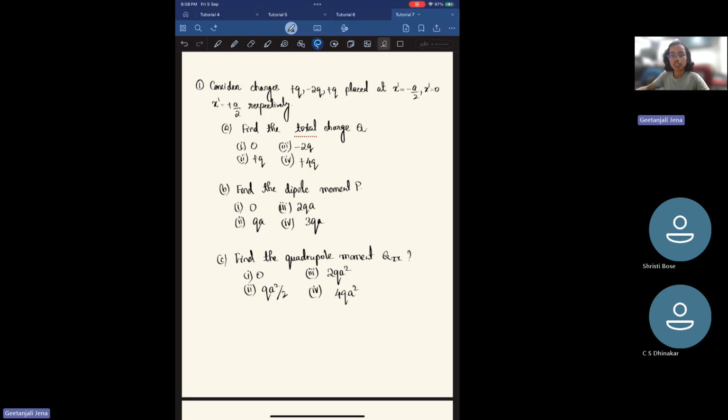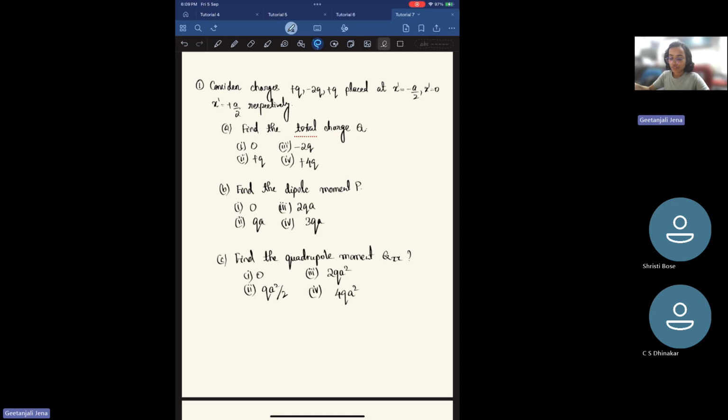And in the third part, you need to calculate the quadrupole moment Qxx. The charge distribution is given, and as I suggested, please try to solve the question side by side, and I will give you some time to solve the problem, and we'll see whether the answer is correct or not.